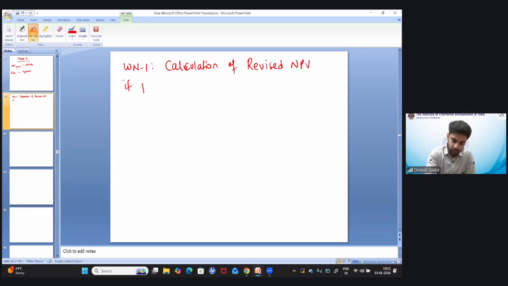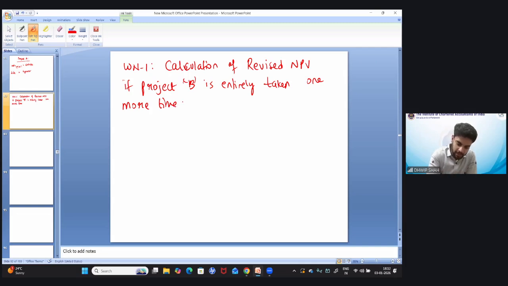if project B is entirely taken, if project B is entirely taken one more time. ठीक है? तो कहना है से अब प्रोजेक्ट बी का इनफ्लो अब 6 साल में आ जाएगा.